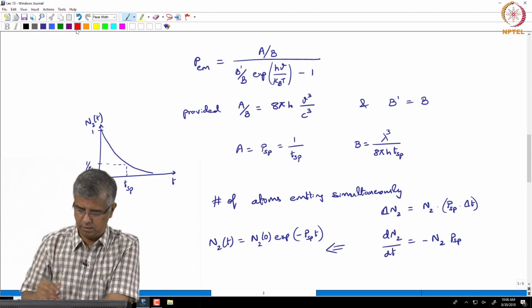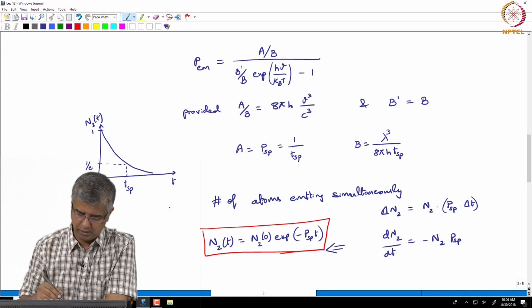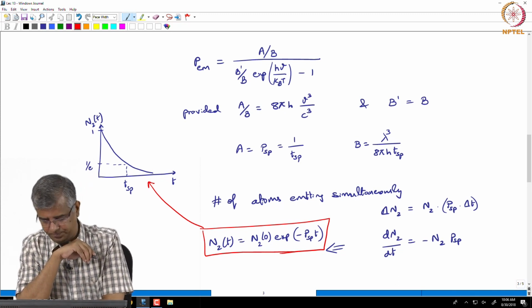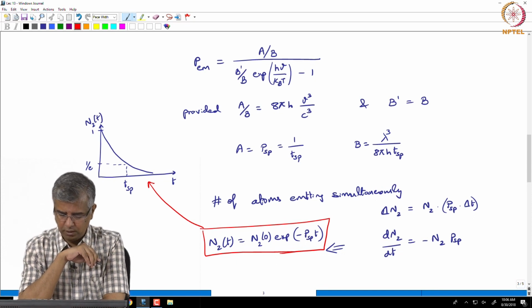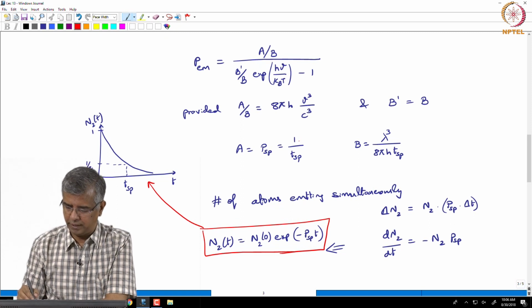So, that is the solution you get for spontaneous emission, and that is what we are representing over here, where PSP is what we have identified over here.